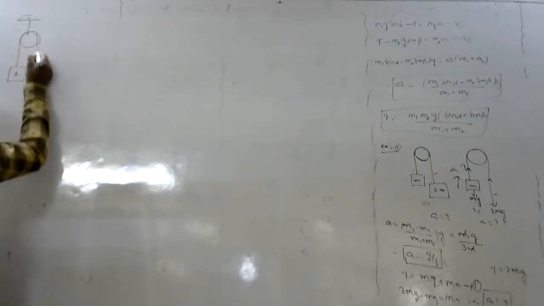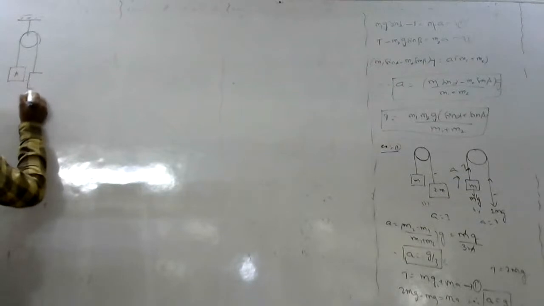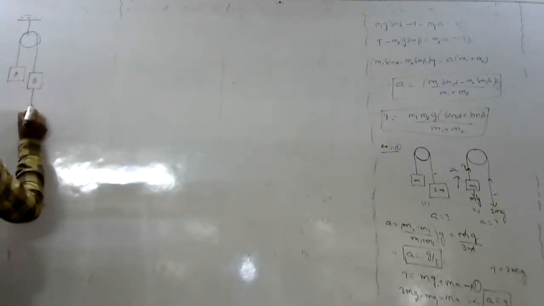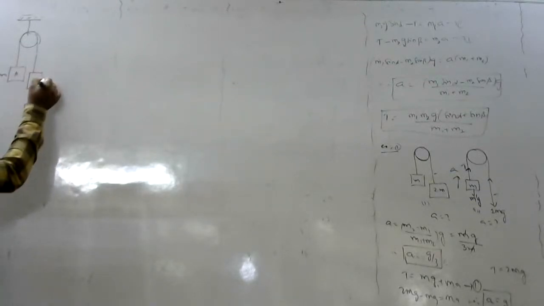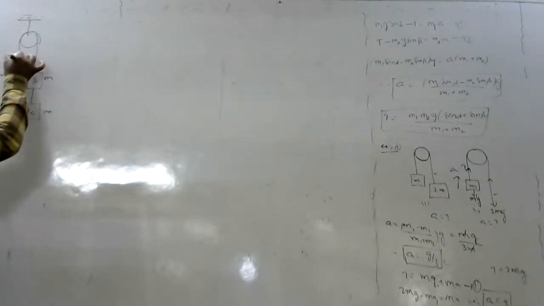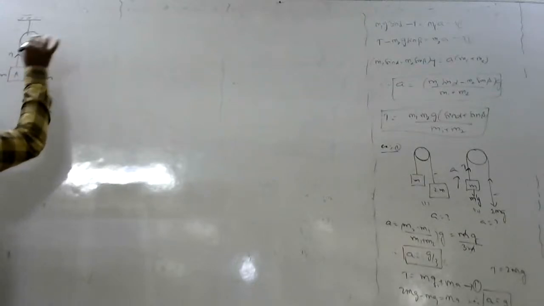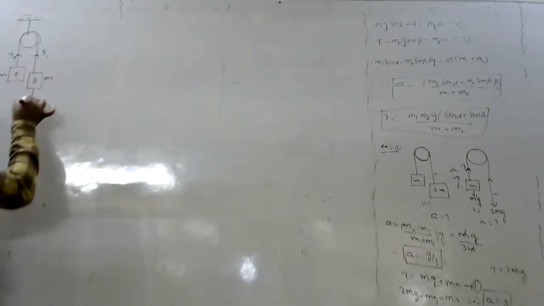This is A, this is B, and this is C, having equal masses M, M, M. Here the tension between A and B is T1 and the tension between B and C is T2. Find the tension between A and B and between B and C.